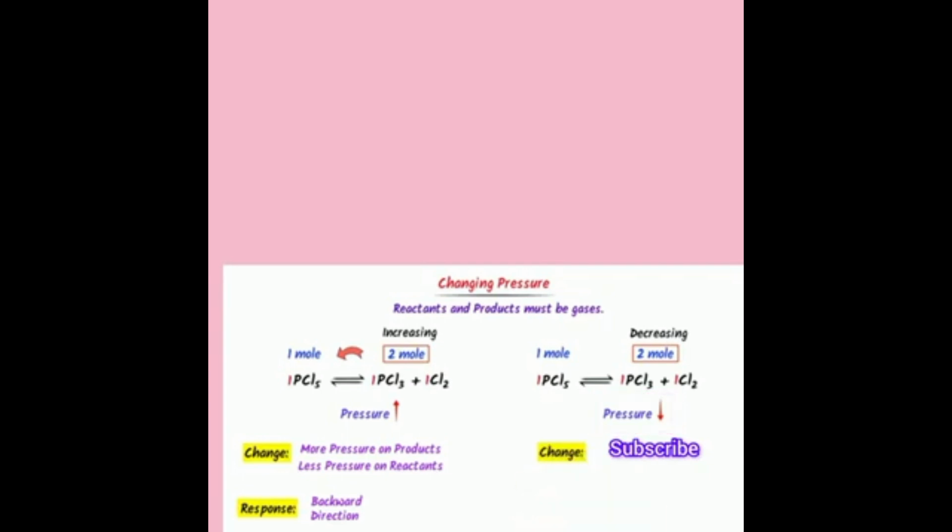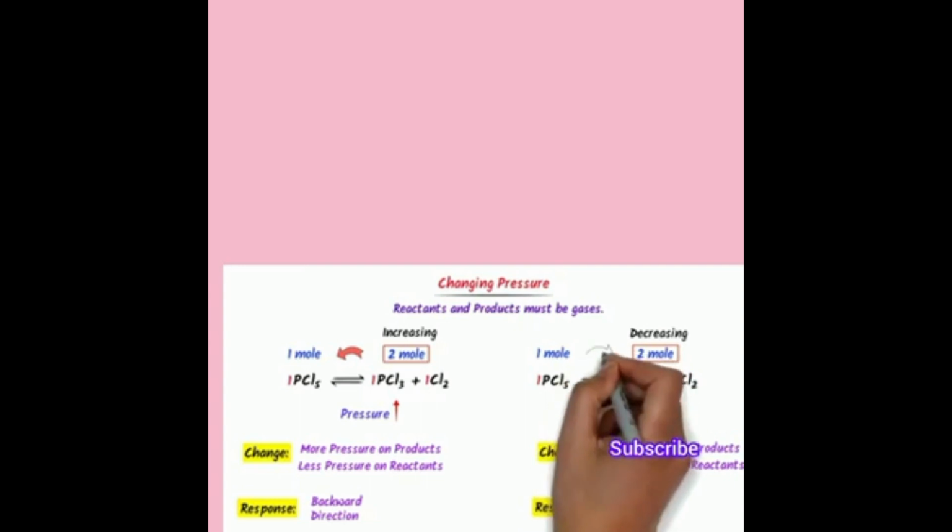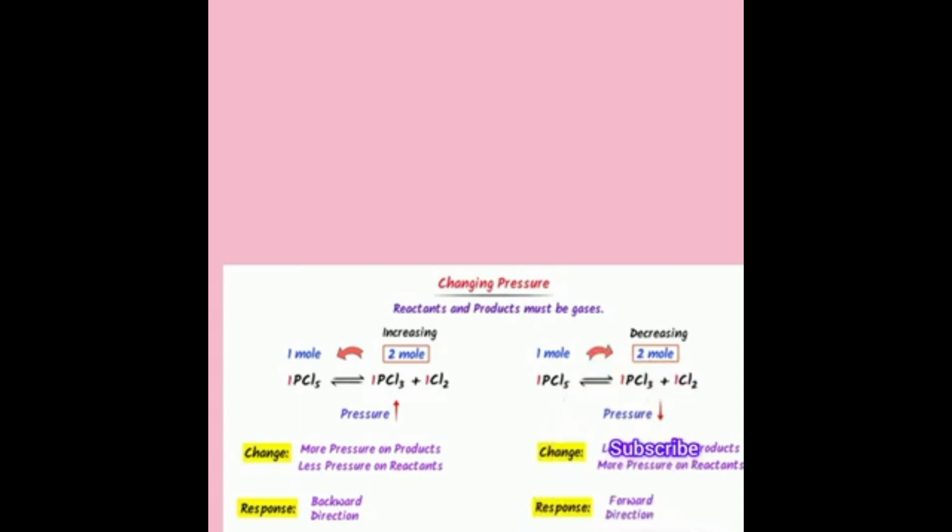So here the change is less pressure on products and more pressure on reactants. Thus the response will be the equilibrium will proceed in forward direction to counter the effect of pressure. Therefore, remember that decreasing pressure means that equilibrium will shift in forward direction.